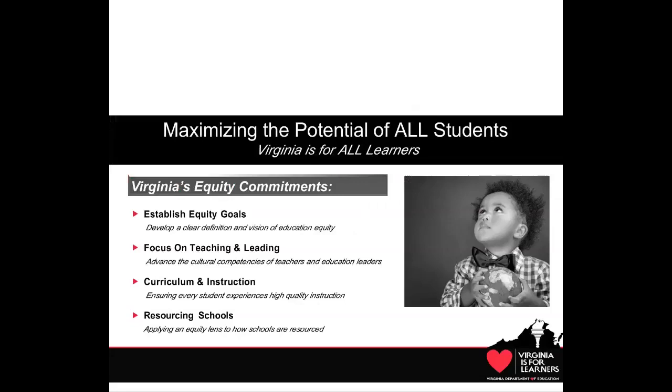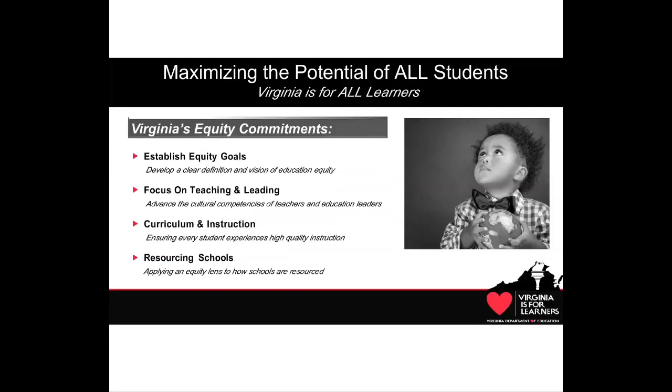As we view it, equity is the way through which we deliver our work across the state. And that means that it touches every component of everything that we do as a state Department of Education, whose role is to be a partner with our local school divisions and provide support to them.